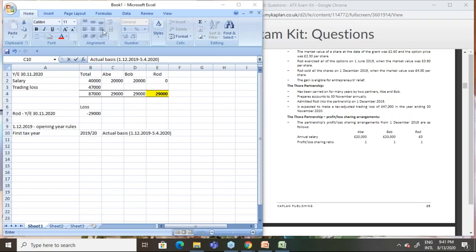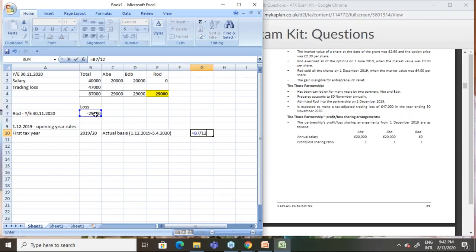Now, we have calculated the total loss, which is £29,000. That is for a period of 12 months. But on the actual basis, here we need to cover how many months? December, January, February, and March. The 5th of April, the extra 5 days, you can just ignore. So during the tax year 2019-20, we have to find out the profit or loss only for a period of 4 months.